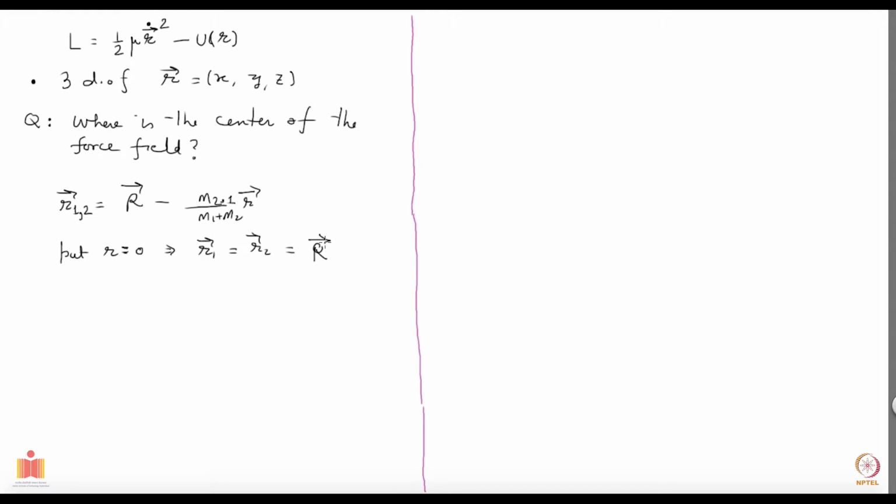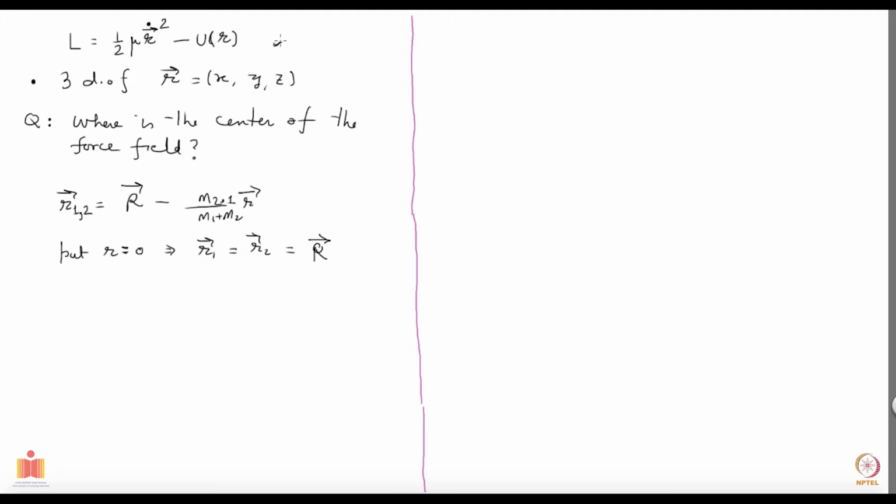Maybe I should make this point that often I would be switching back and forth between the interpretation of the two body system as a one body system, which is given here as the Lagrangian right now, but sometimes I'll be making statements which will pertain to a picture where really those two bodies are present.